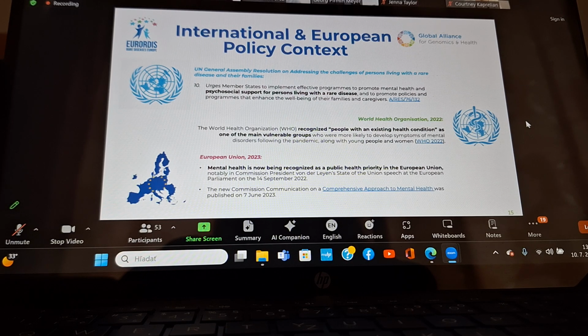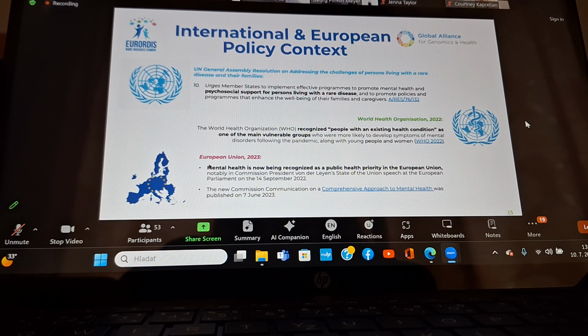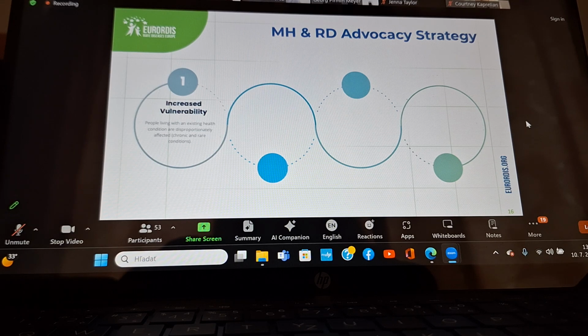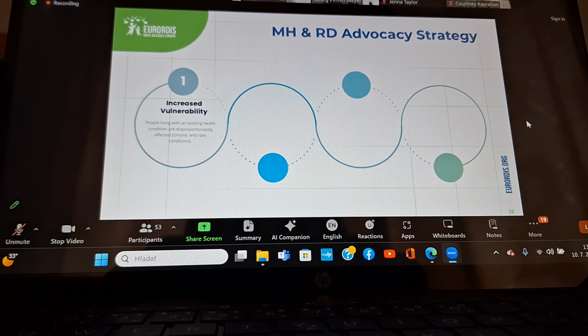It's a political document which shows that this public health need will be addressed in Europe. So our work in Europe really will be supported by the European Union. So Eurodis have been trying to advocate on making sure that people with an existing health condition, specifically those with a rare condition, are visible in the mental health world and space and policy.